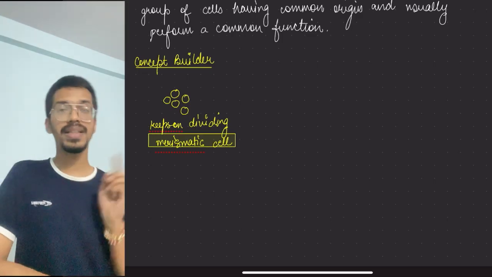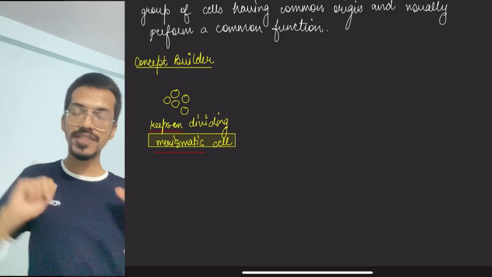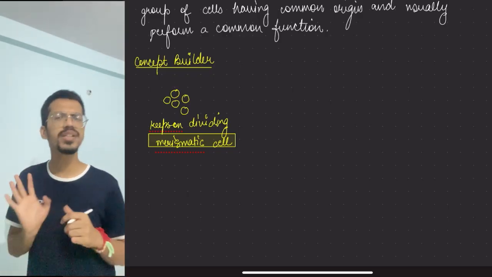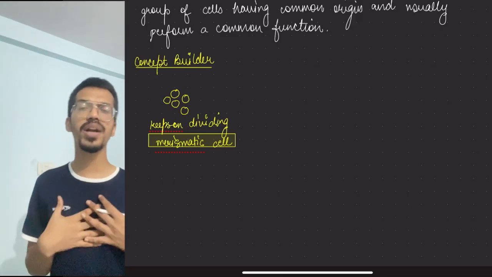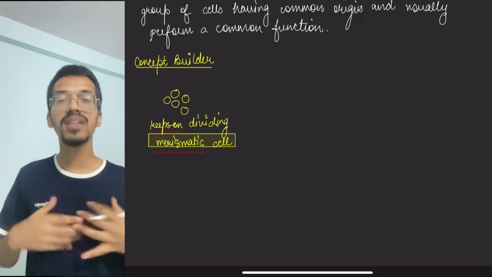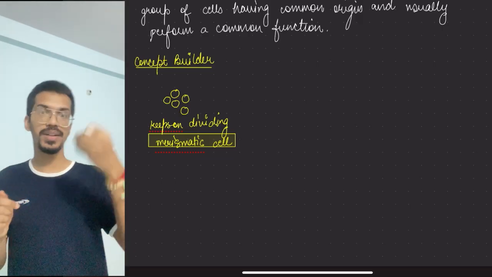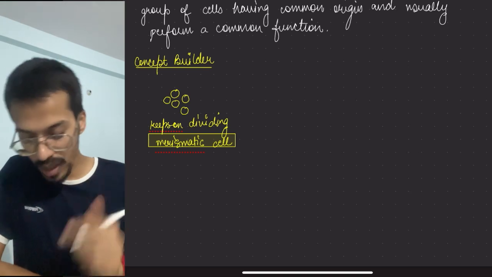Now if this meristematic cell keeps on increasing, it will make so many cells, and certain cells have to do certain parts. For example, when my body is forming, certain cells have to make the brain, certain cells have to make my lungs, certain cells have to make my hands. So every cell has to be specialized in its work. So what happened?